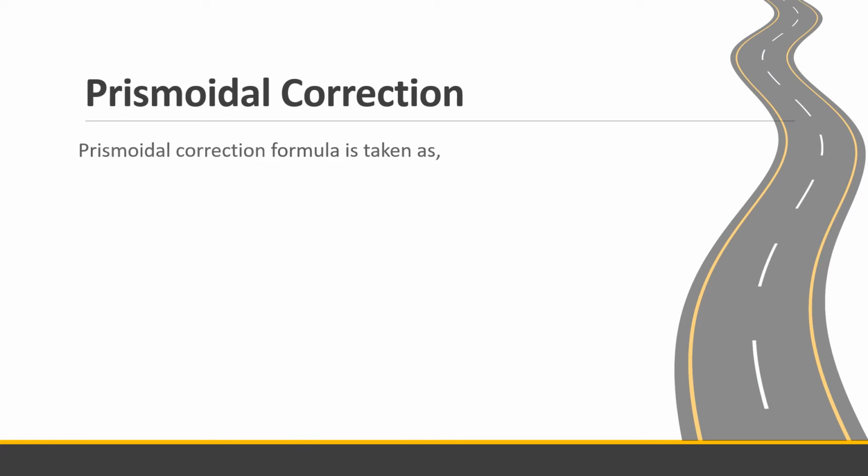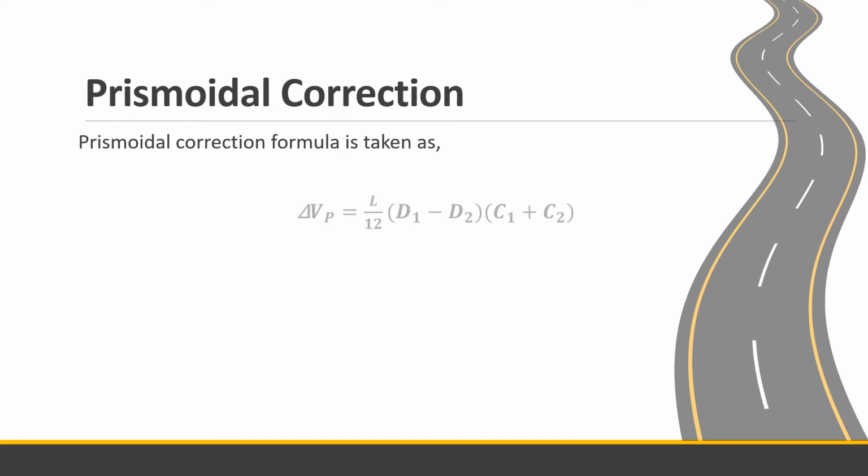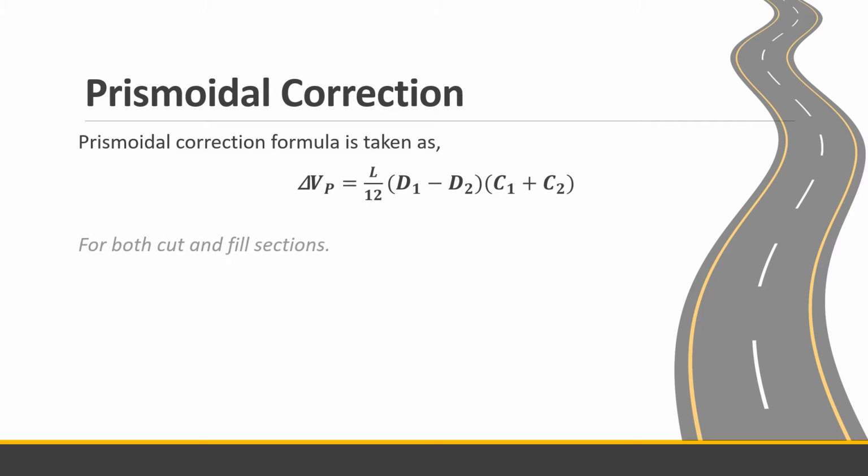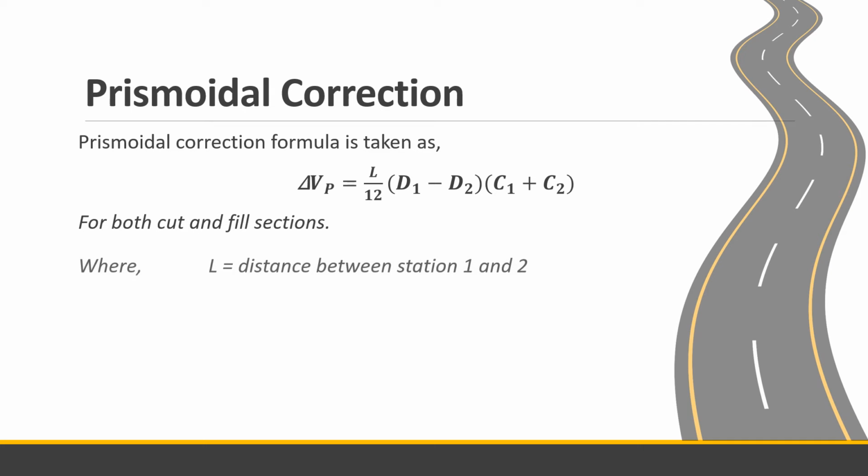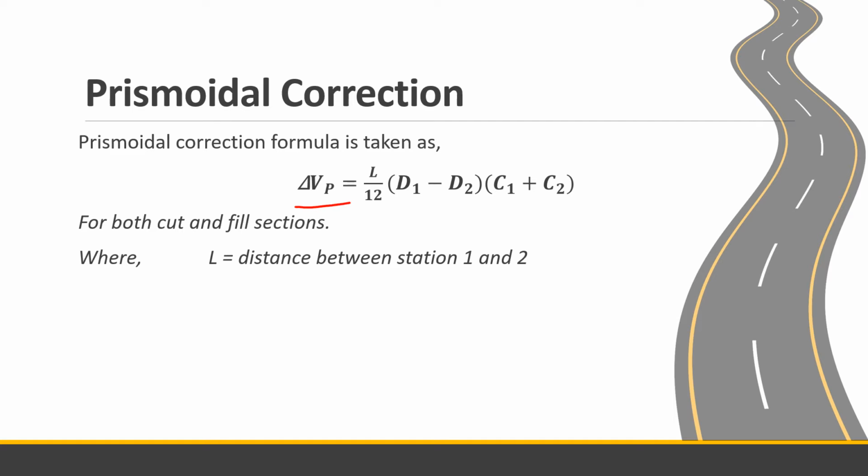So the prismoidal correction formula is taken as VP is equal to L over 12 times D1 minus D2 multiplied by C1 minus C2. So for both cut and fill sections, this will be the prismoidal correction.